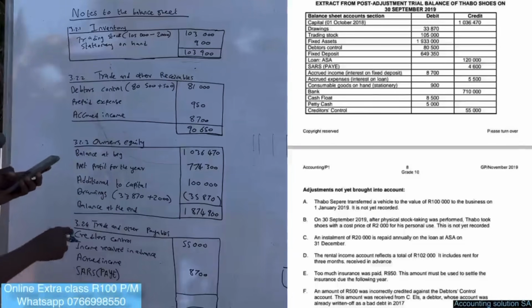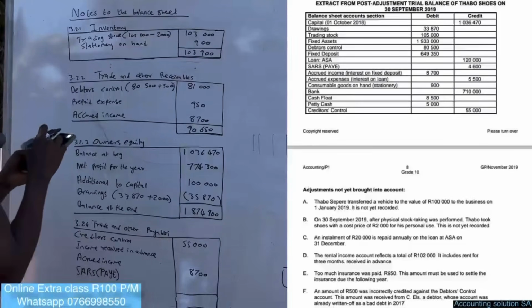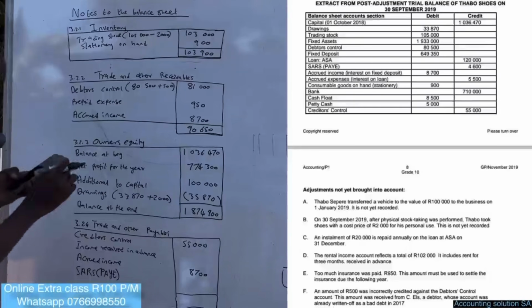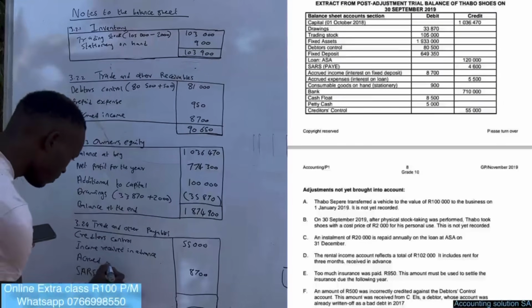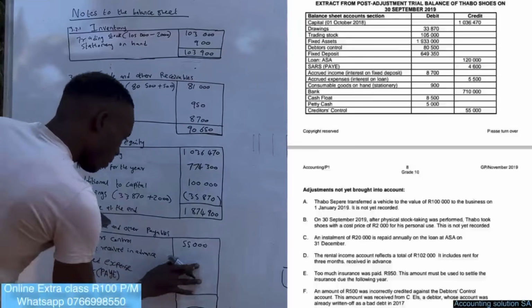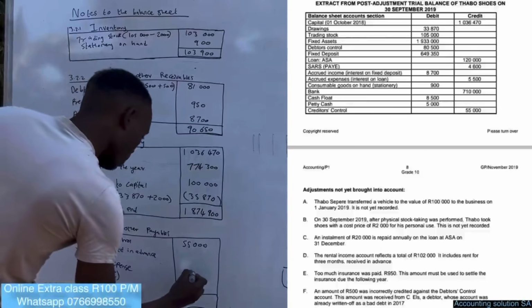Okay, it's accrued income. Let me copy the correct balance. Okay, guys, this one is not accrued income, it's accrued expense. Accrued expense, and the amount is 5,500.